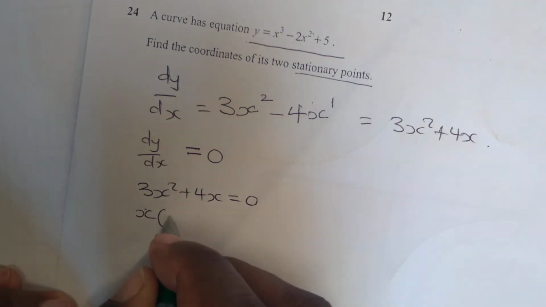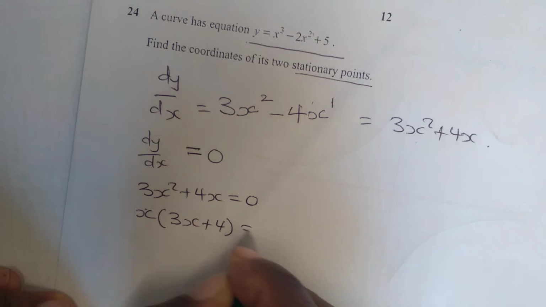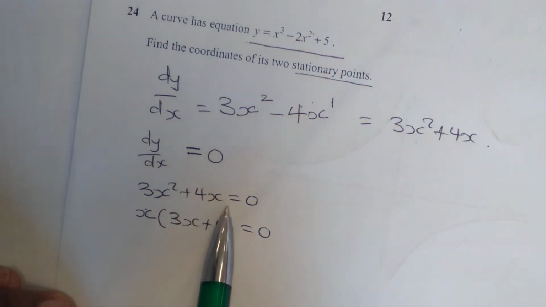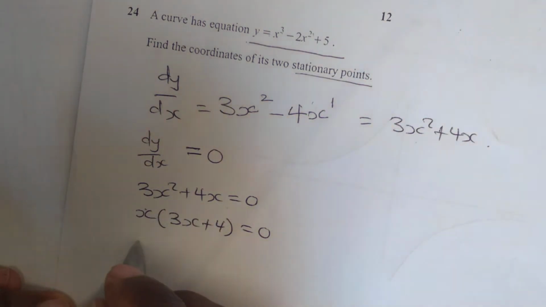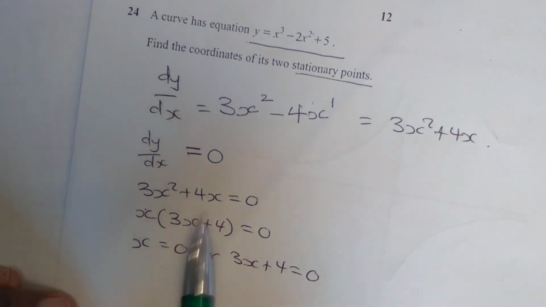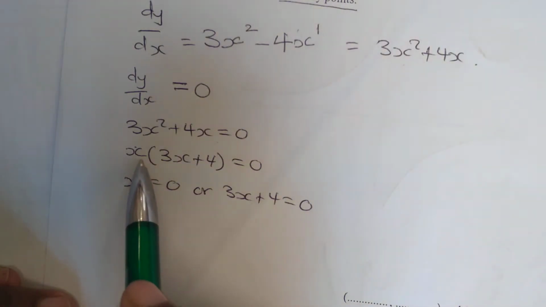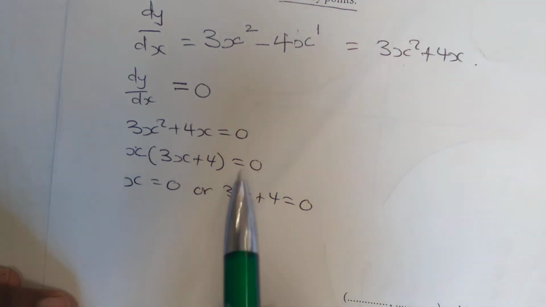So you can say x outside the bracket, 3x plus 4 equals 0, because there's x here, there's x there. So x equals 0 or 3x plus 4 equals 0. I think this one is not very difficult to understand. This equals 0 or this equals 0.